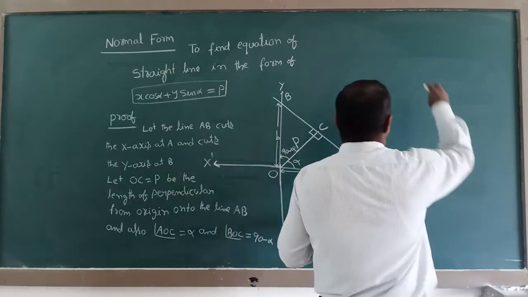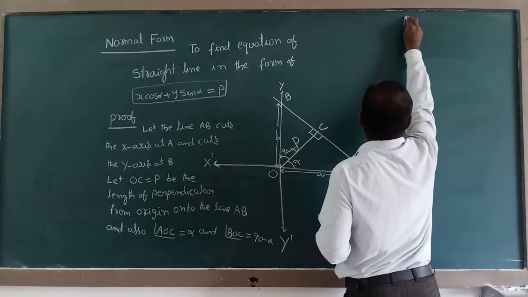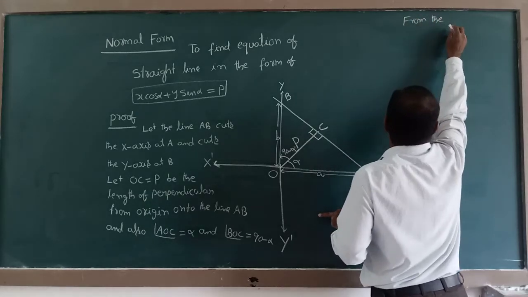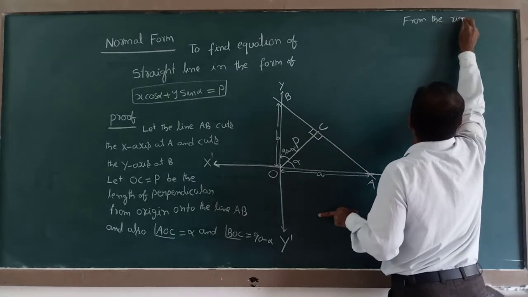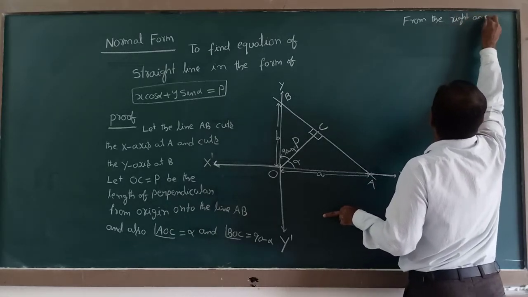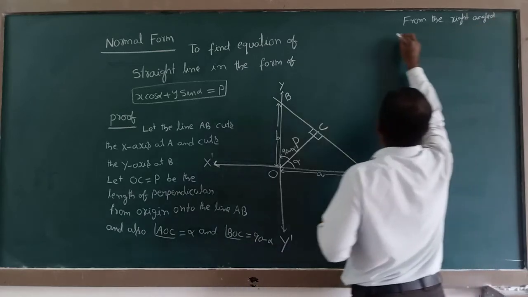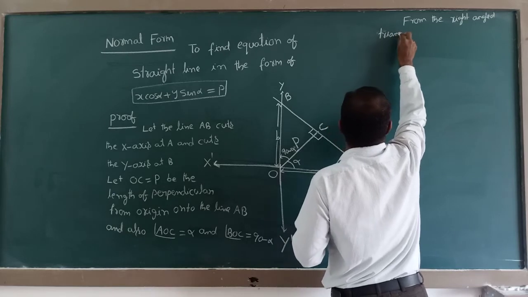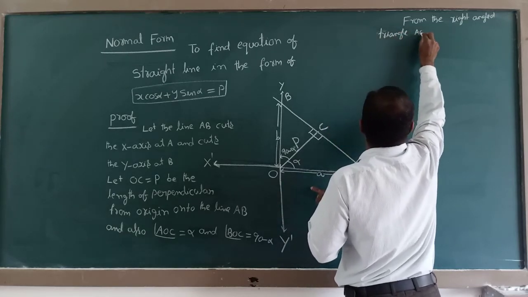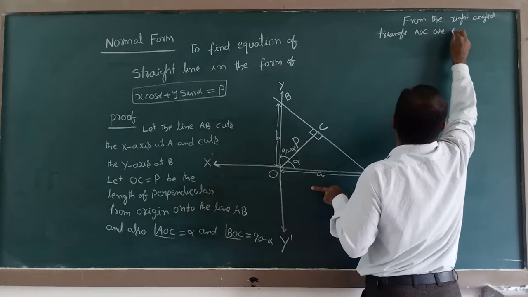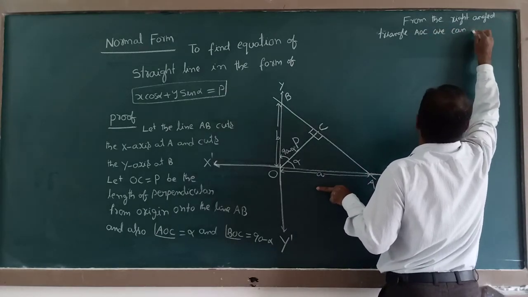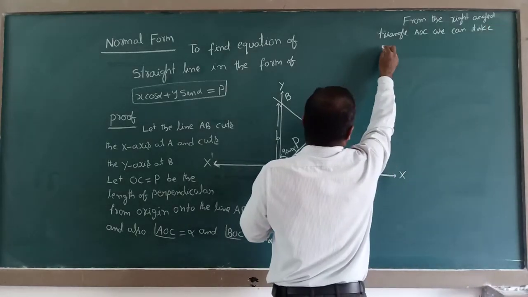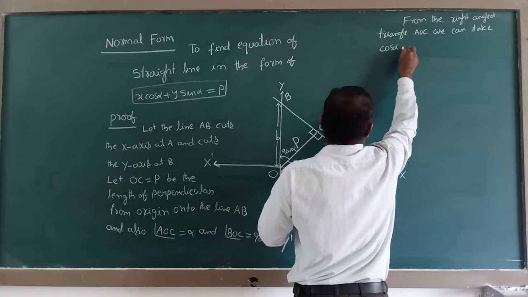From the right angle triangle AOC, we can take cos alpha.